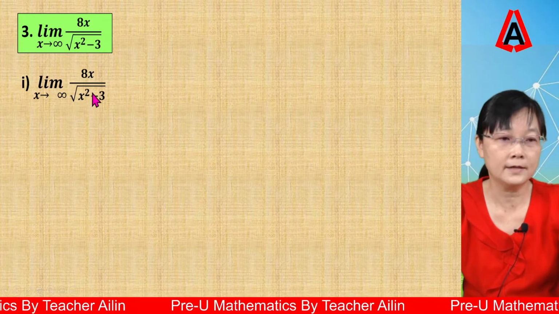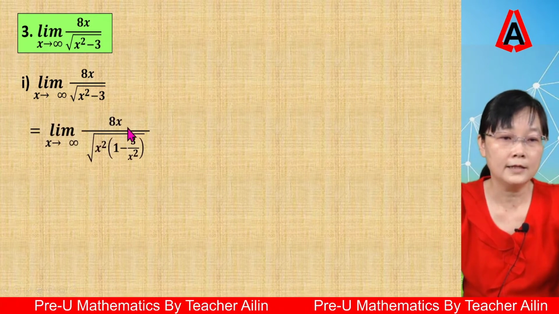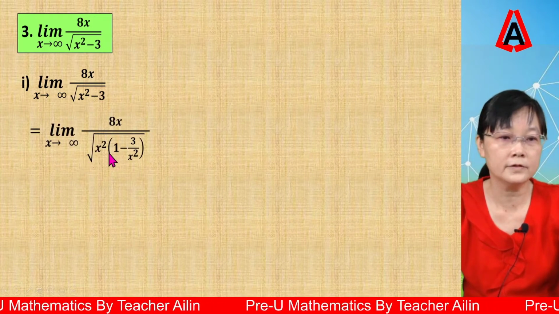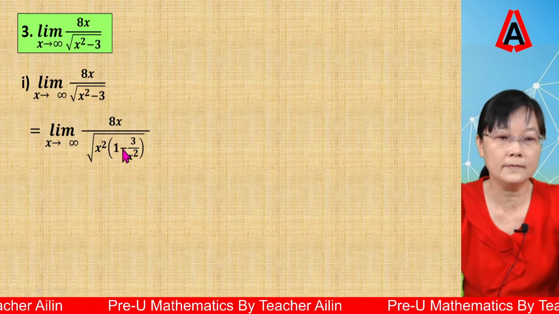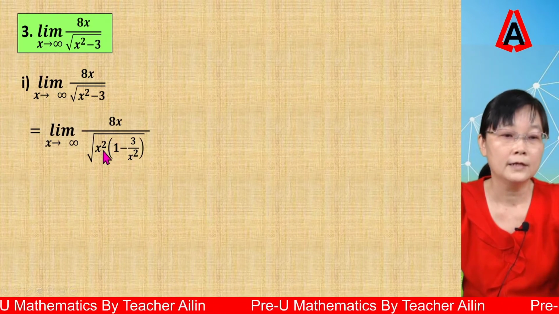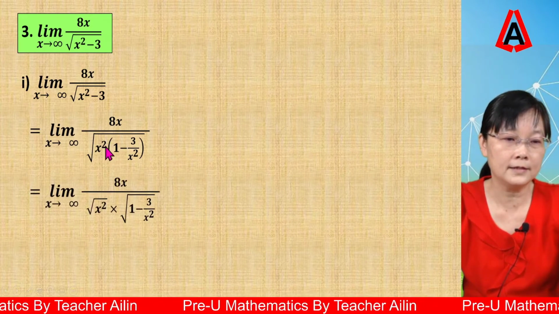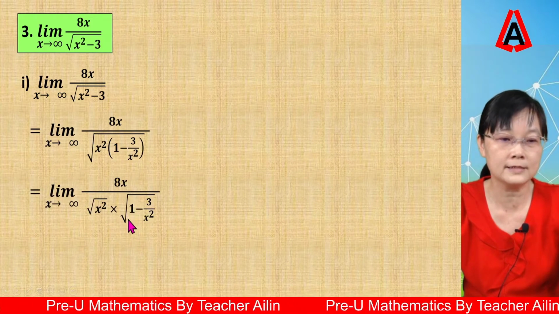So, first method, I'm going to factorize the x power 2 under the symbol of square root. So, when I take out x power 2, I'll get 1 minus 3 over x power 2. Then, I separate this x power 2 and the brackets becomes like this.